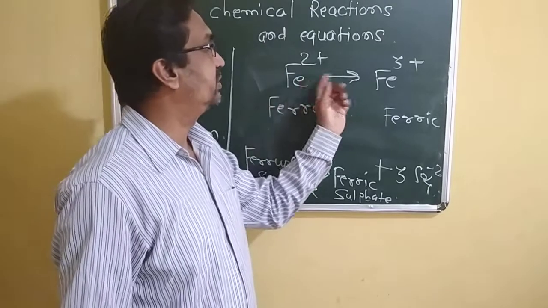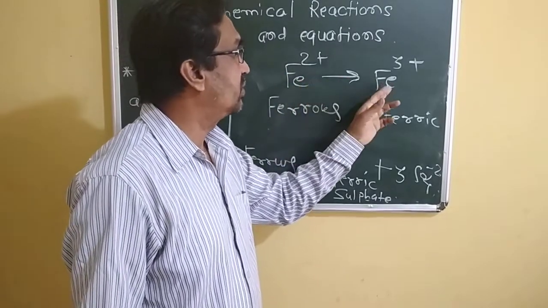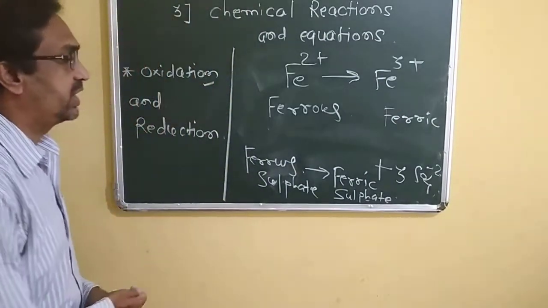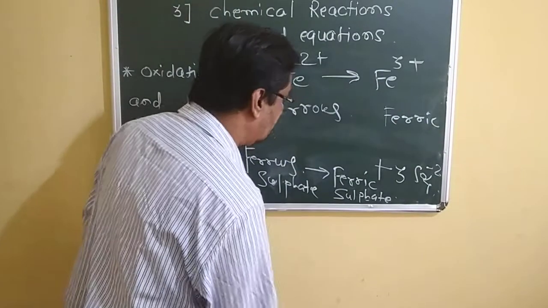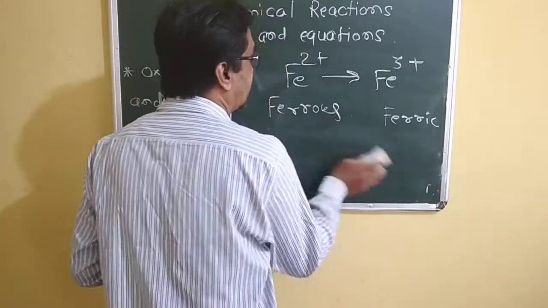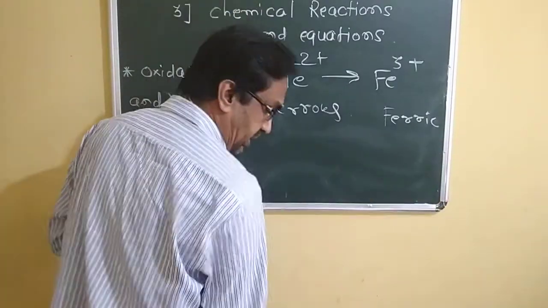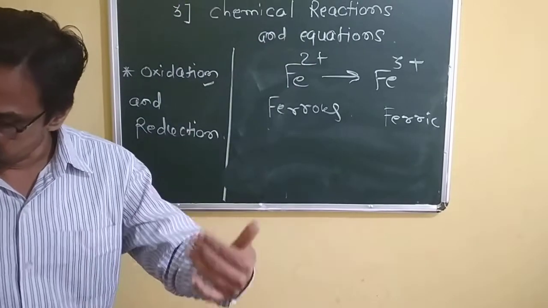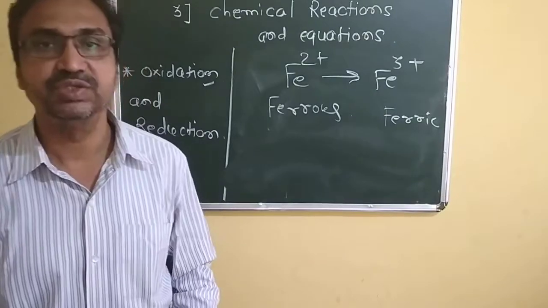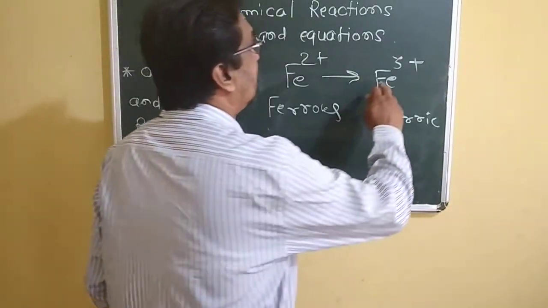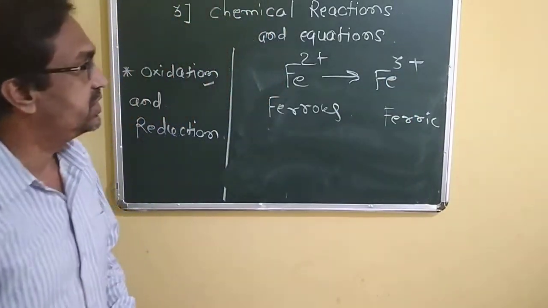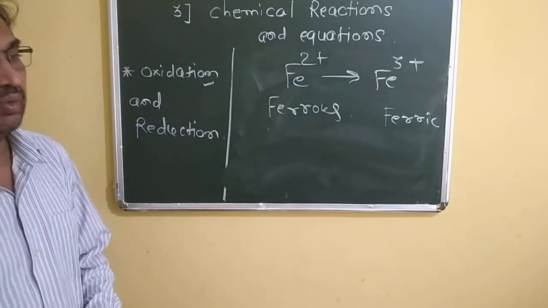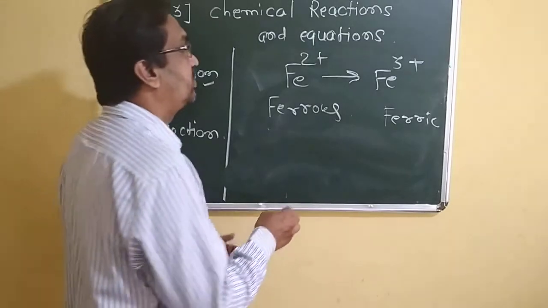What you have to see is that there is an addition of a positive charge on the iron. How does it happen? The explanation is that when ferrous ion is transformed into ferric ion, the positive charge is increased. Why does it happen?